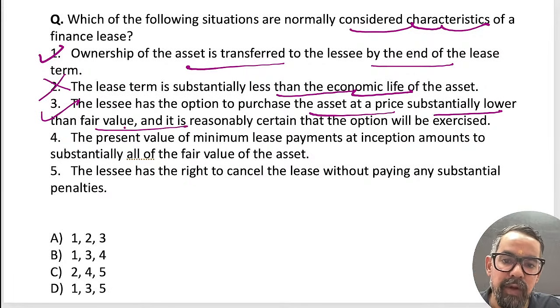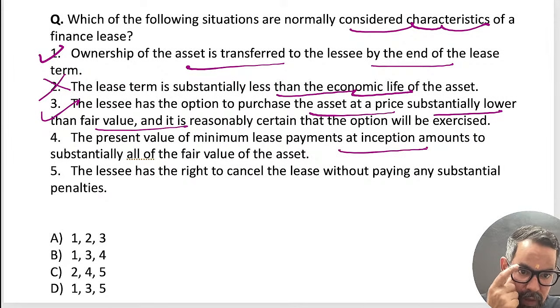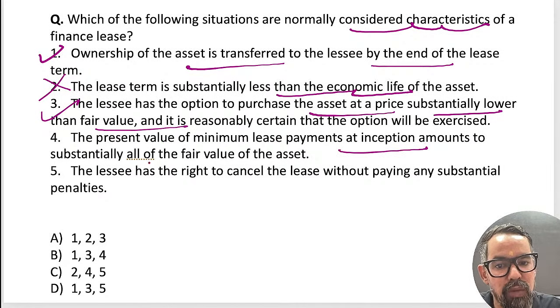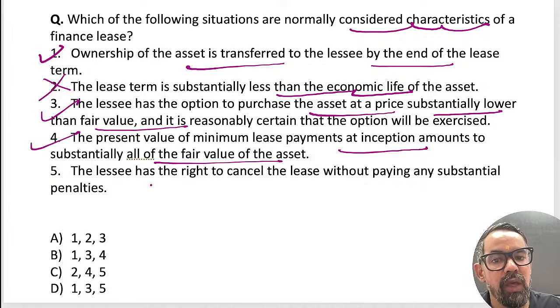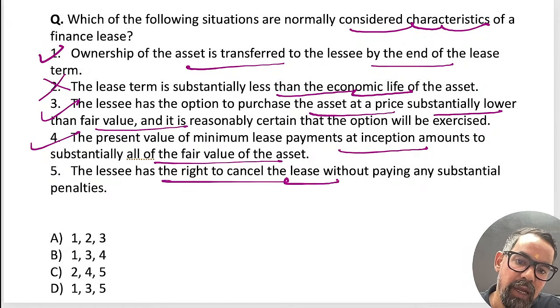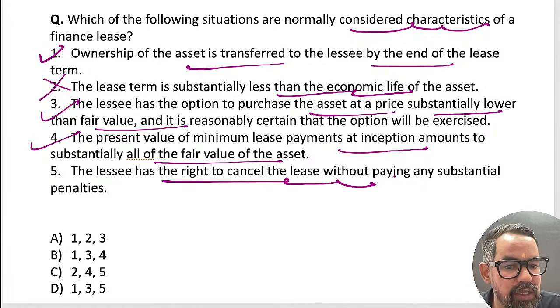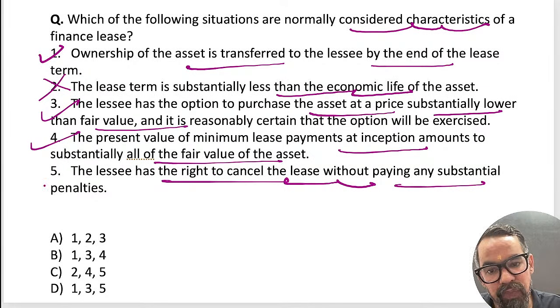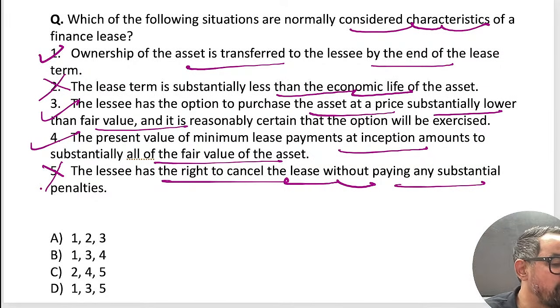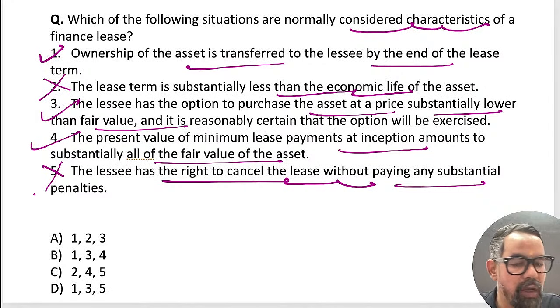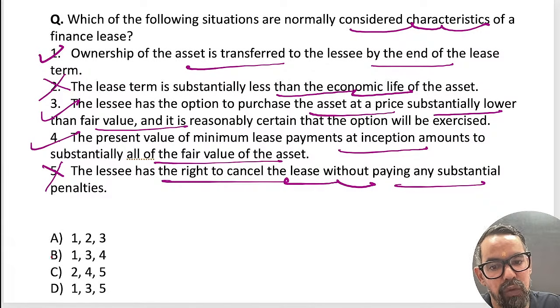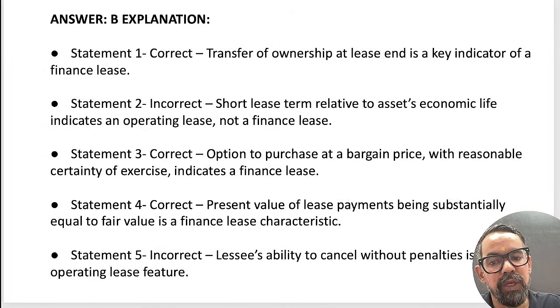Yes. The present value of minimum lease payments at inception amounts to substantially the fair value. The lessee has the right to cancel without paying a substantial amount. No, if they are exiting from the lease, they have to pay a substantial amount also, right? So this is 134. 134 means option B will be the right answer for this particular one.